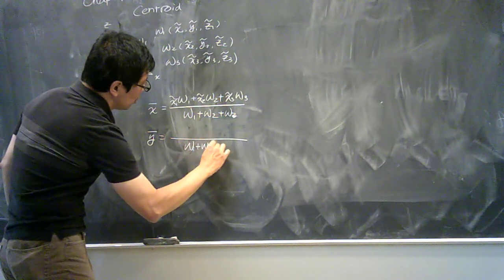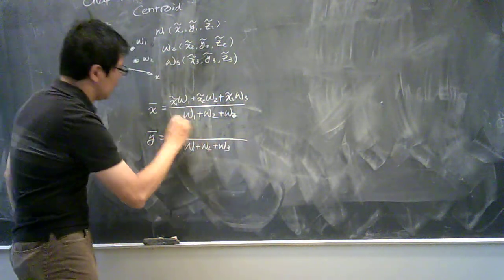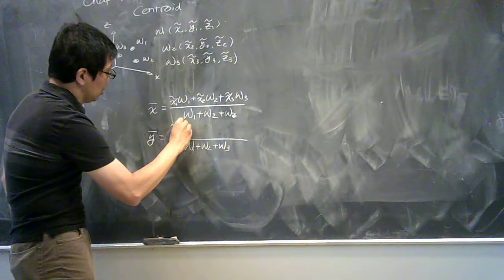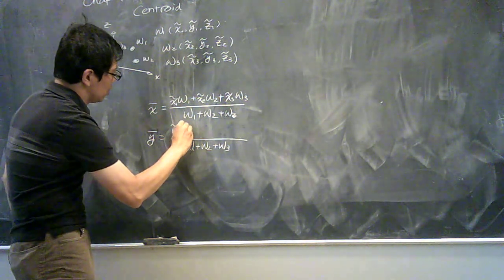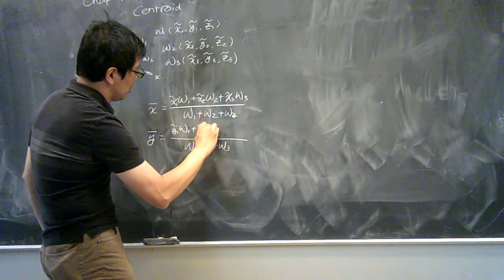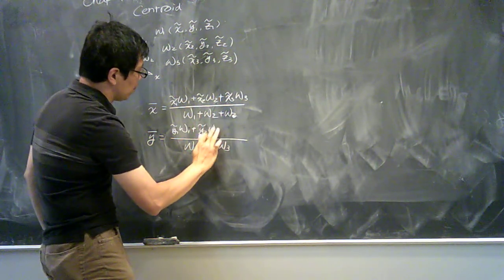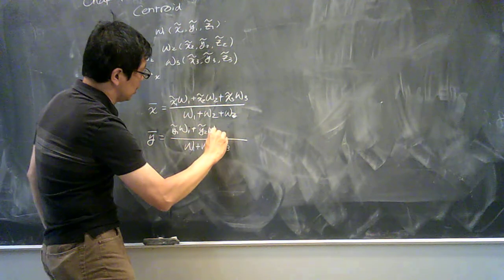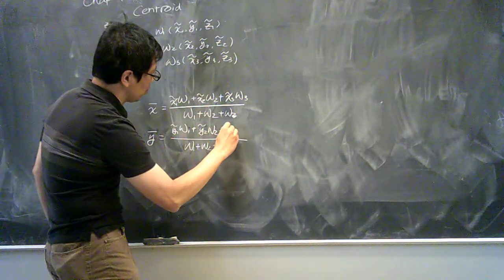Then for y, the denominator is always the same. The numerator is always the position of individual parts multiplied by the weight of individual parts.